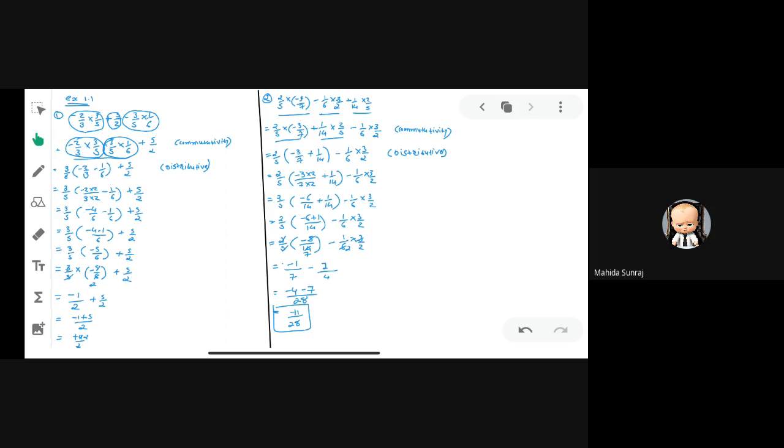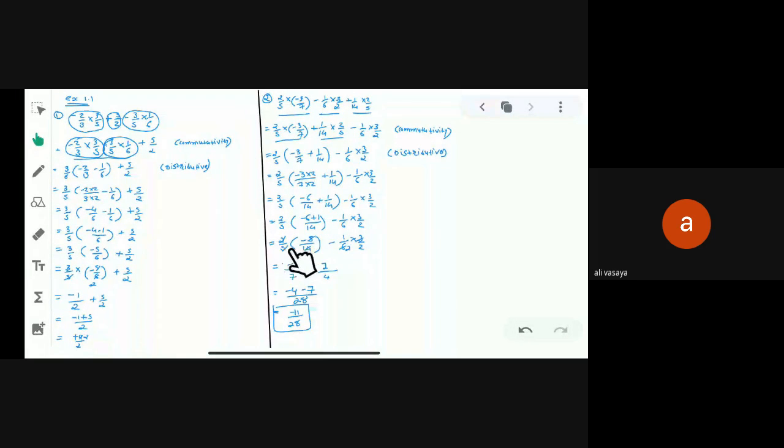Those who are still writing, please take a screenshot of this board and write down everything after the lecture. Sir, what is written here where it was cut in the second? After 2/5, in the second step. In which step? Here? Yes. -5/14.